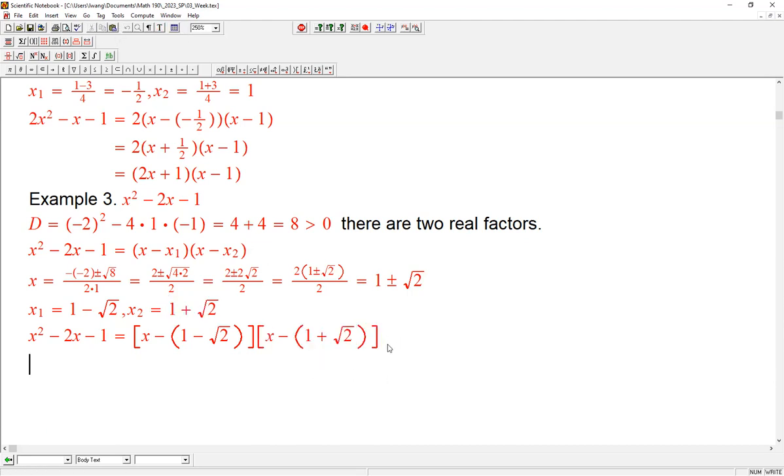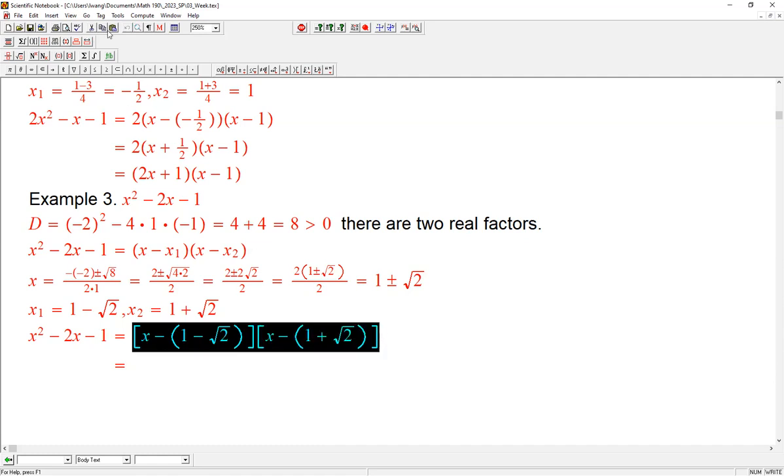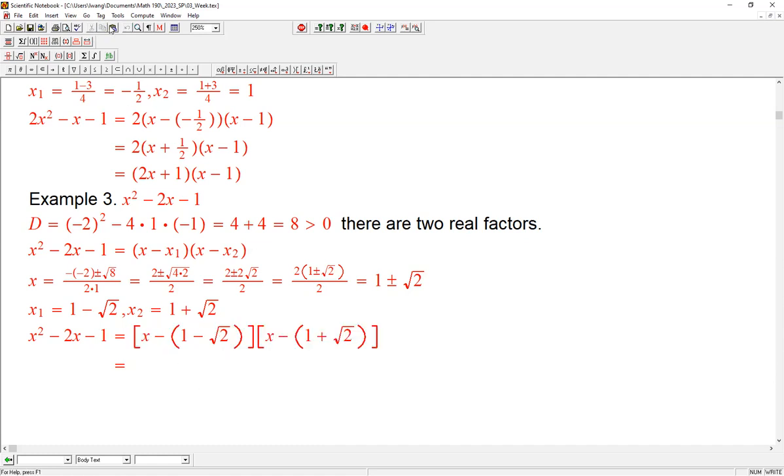And we organize the terms a little bit. We got the factors. Inside the brackets, x minus 1 plus root 2, and x minus 1 minus root 2. There we go. We got the two factors.